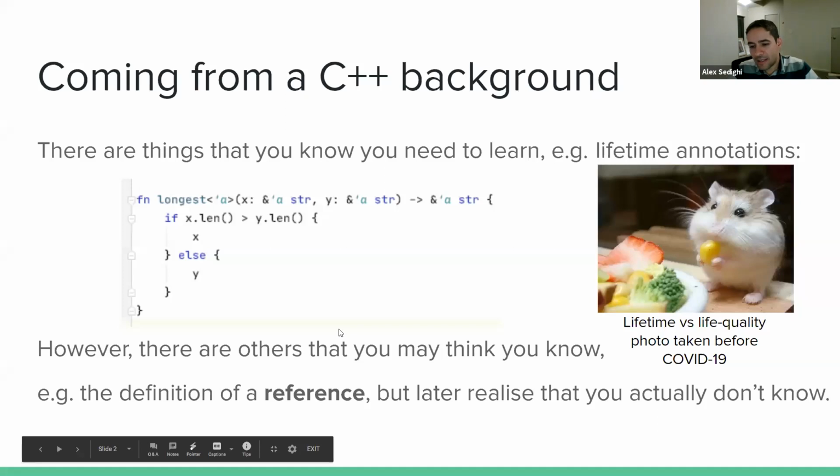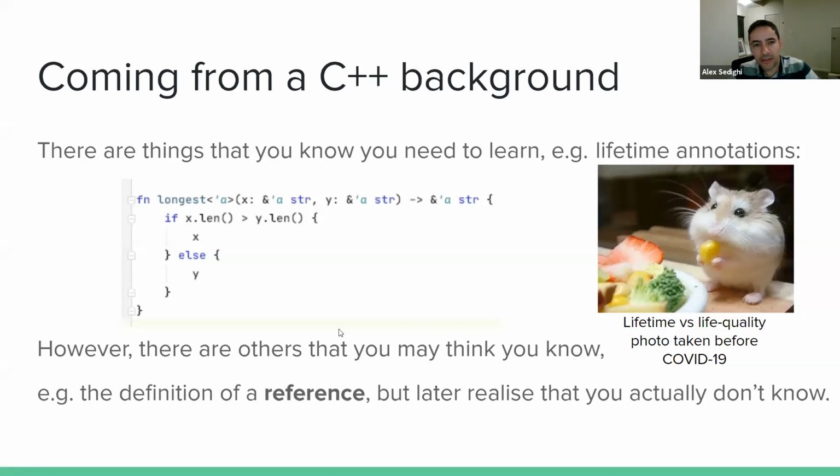As Daniel mentioned, I'm coming from a C++ background. And when you have a background, especially a long-term experience with another language, you've already got some structure in your brain that you want to put stuff on and link with the concepts that you have already learned.